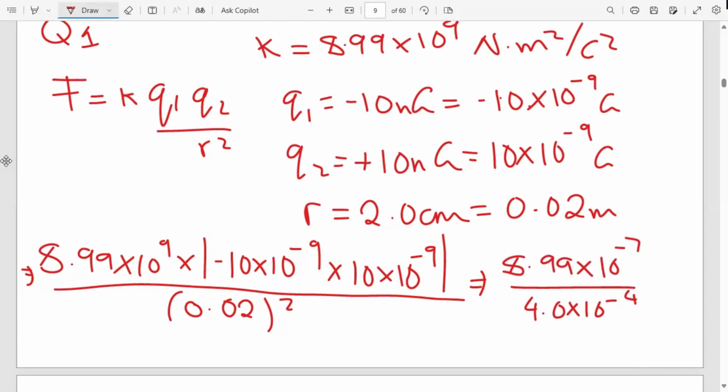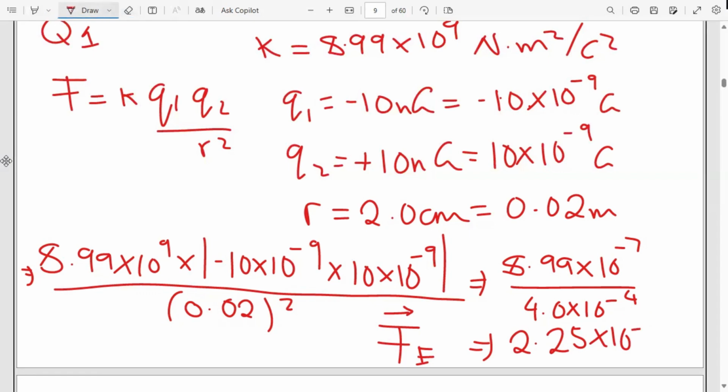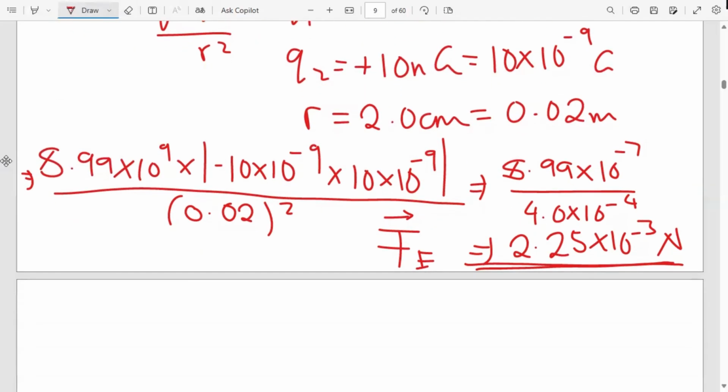If I plug this into my calculator, my electrostatic force is equal to 2.25 times 10 to the power -3 newtons. So that is the electrostatic force between the bead and the charged sphere. This is the force of attraction between the bead and the charged sphere.